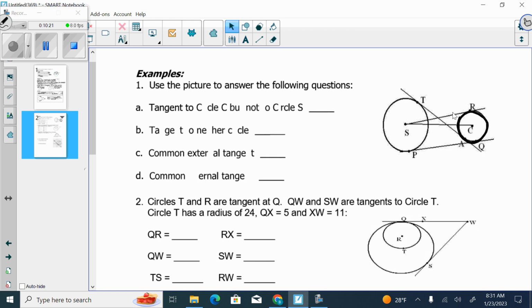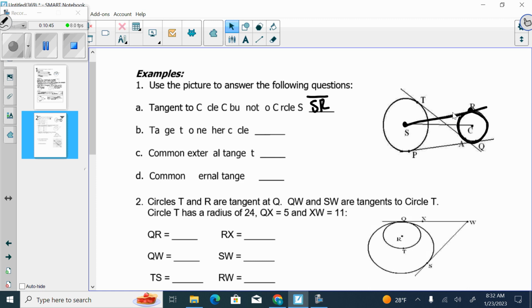SR, yes, very good. This SR touches circle C on the outside edge once, but it doesn't do that for S. So SR would be the segment that's tangent to C, but not S.